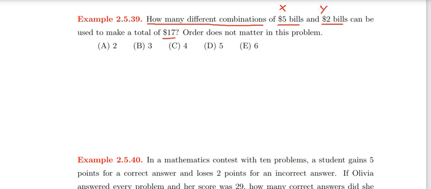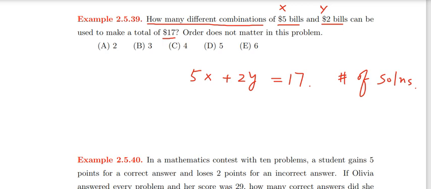So X $5 bills, then we have 5X plus 2Y equals 17. So the question is how many solutions? We want to find the number of solutions.